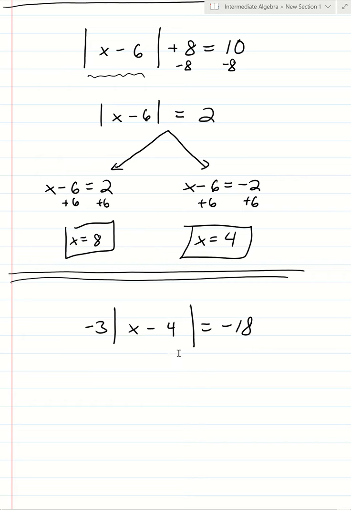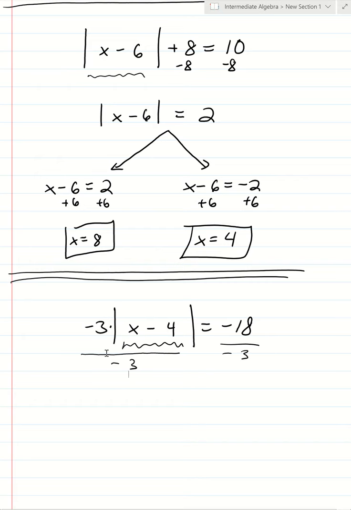Once again, I'm going to recommend that you isolate the absolute value first. We want to get the absolute value of x minus 4 alone, and right now it is not. We have this negative 3 being multiplied. So to get rid of the negative 3, we would have to divide both sides by the negative 3.